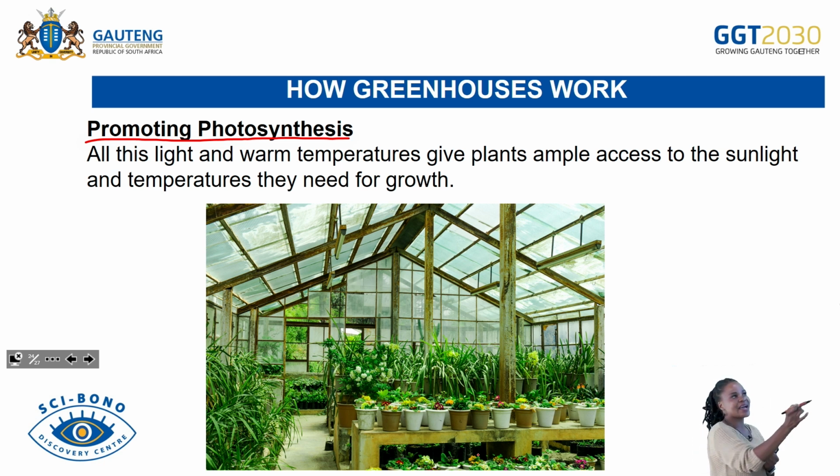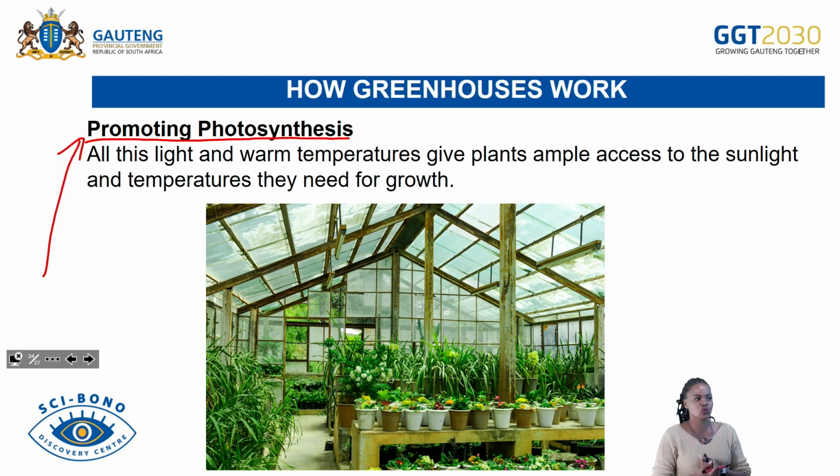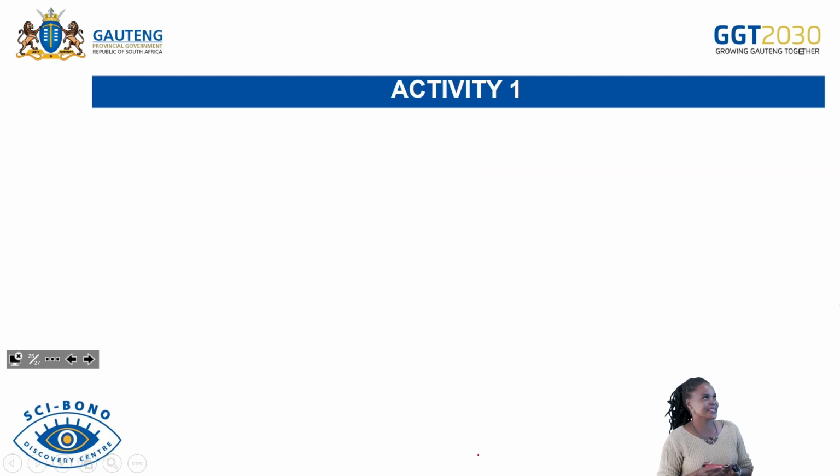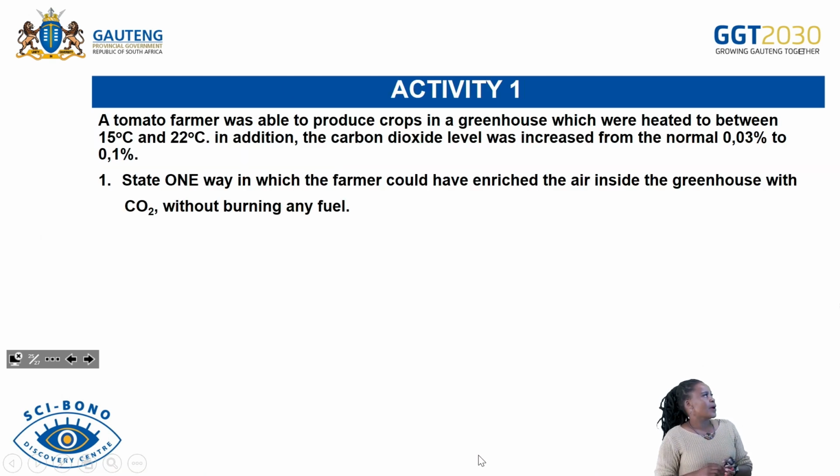For growth. In other words, greenhouses are very important for the process of photosynthesis, because all the temperature, all the heat, and all the carbon dioxide needed for photosynthesis to take place will be available because of the greenhouse effects.